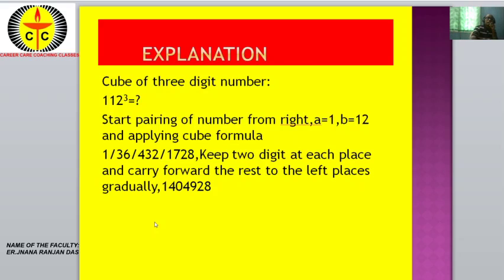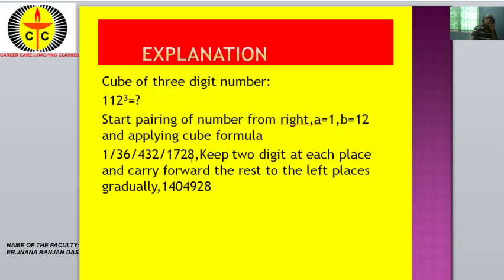Similarly, how can you find the cube of a 3-digit number? Cube of a 3-digit number: starting pairing from the right, like 1 and 12, take a as 1 and b as 12. Applying the same algebraic formula, we write a cube, 3a square b, 3ab square, then b cube, the cube of 12.